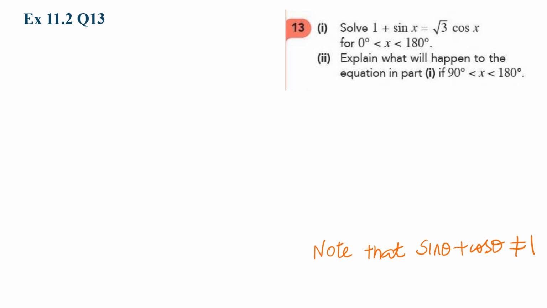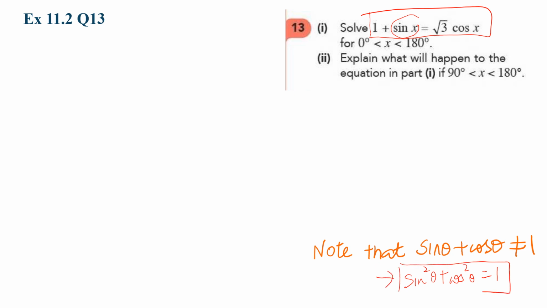Okay, your trigo identity is sine squared theta plus cos squared theta equals 1, right? But if you look at the question that you're given, there's no square there. It's just 1 plus sine x only. It's not sine squared. It's just cos x only. It's not cos squared. If you do not understand this identity correctly, you can only use the identity when you have sine squared, and there must be a square for the cos too.